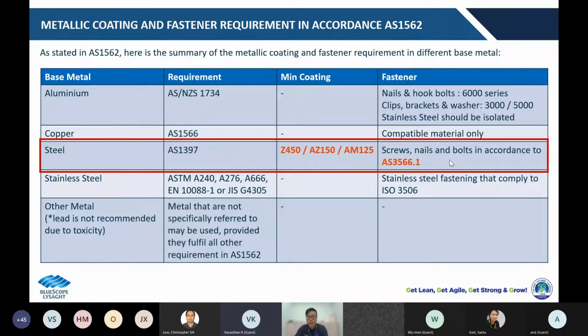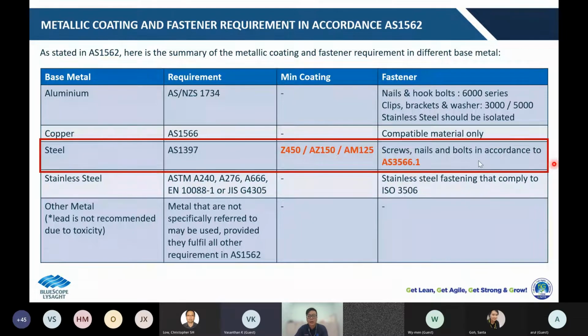Okay, as you can see here, we have 3 types of the metallic coatings specified in this table. For the base steel according to the 1397, which is either in zinc, which is shown as Z, or zinc alloy with aluminum, which is ZA, or the zinc alloy with aluminum and magnesium, this is AM, right?